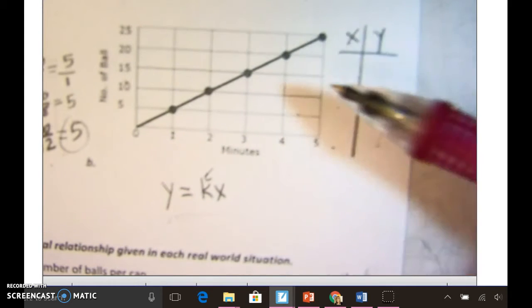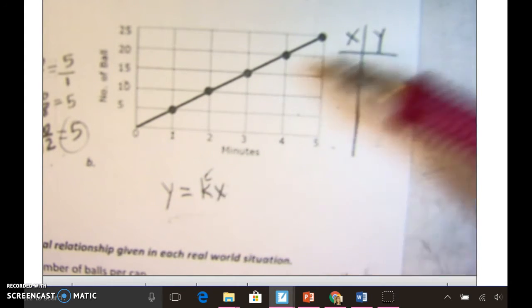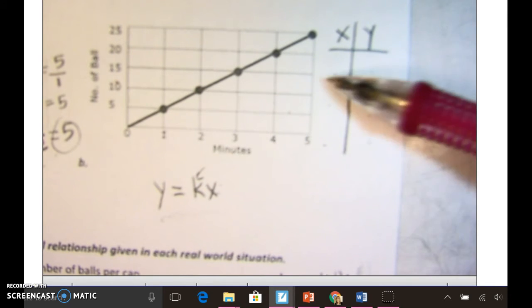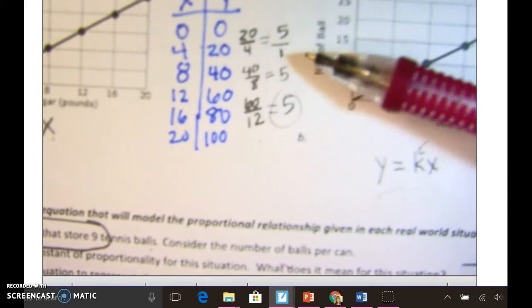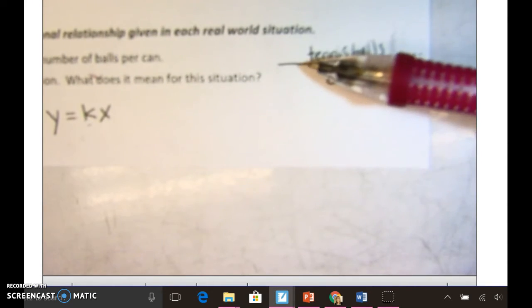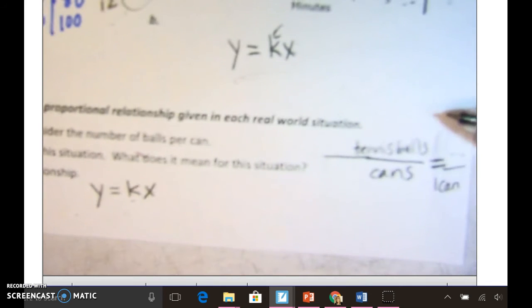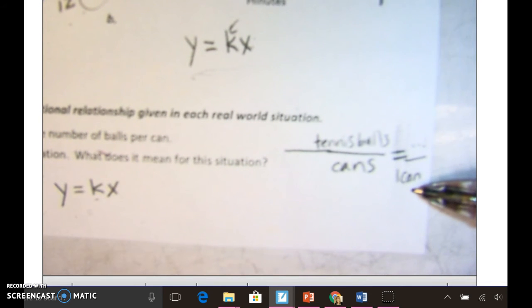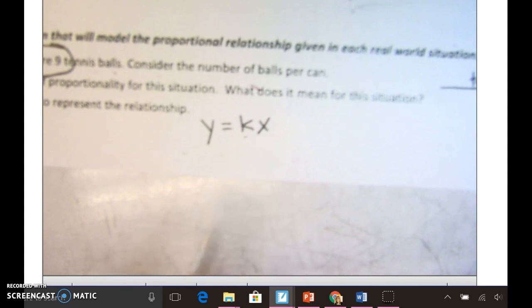So we're going to check that you have an equation here, and some number for k that you got by making this chart and dividing your y's by your x's until you see you get the same number. We're also going to check that you used 3 cans to 9 tennis balls, wrote it as a ratio, reduced it down to the unit rate, how many tennis balls for 1 can, and used that constant to write an equation here.